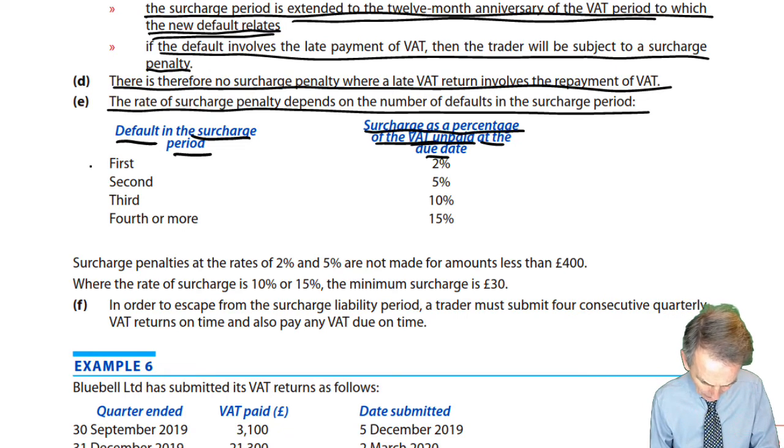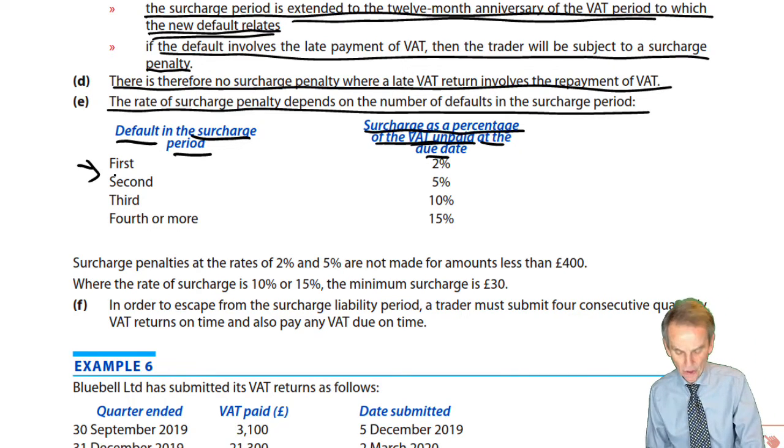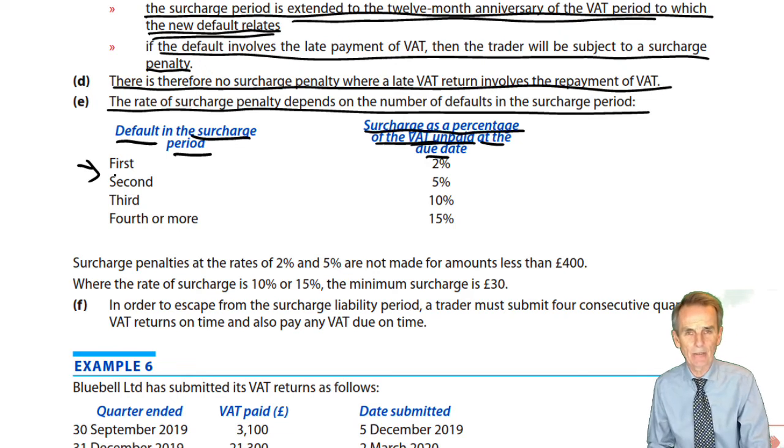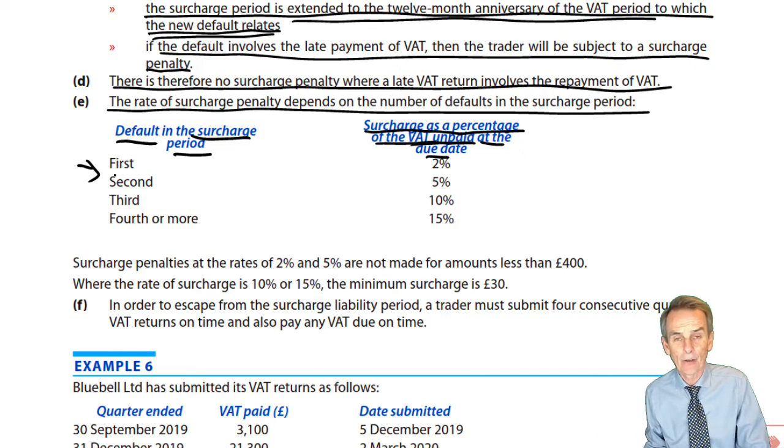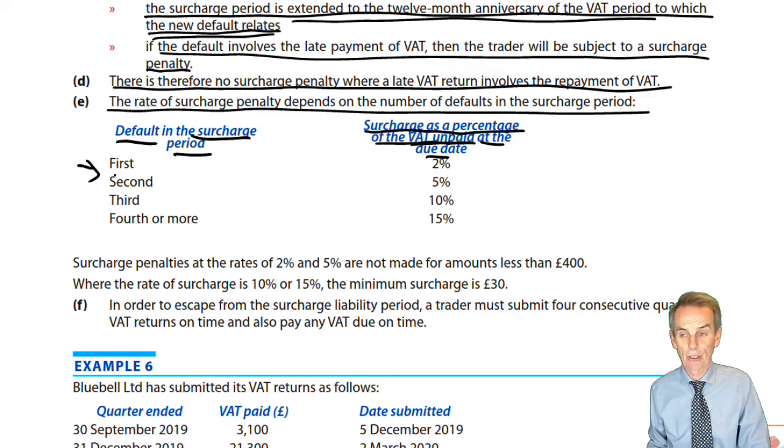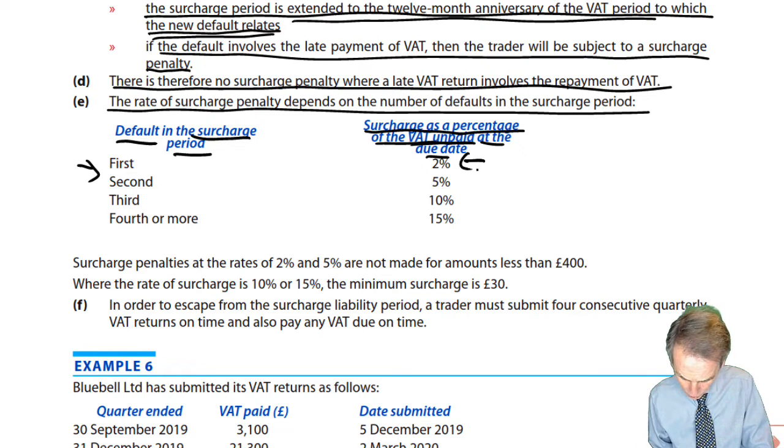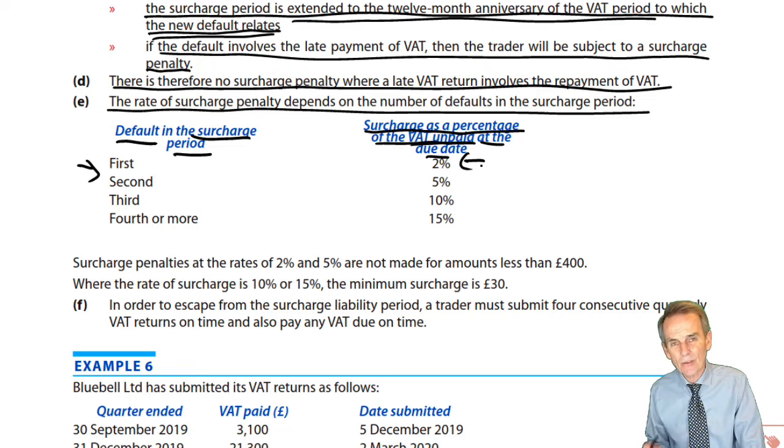The first such surcharge, arising because of a further default within the first 4 VAT return periods, the 12 months following the surcharge liability notice being sent to you, is a mere 2% of the VAT unpaid.